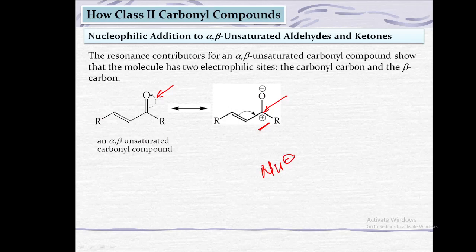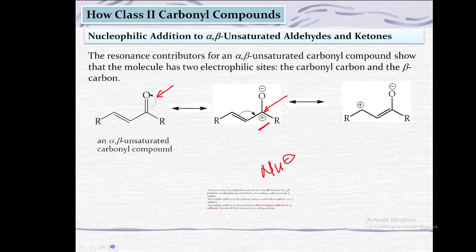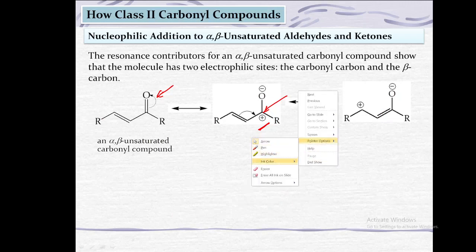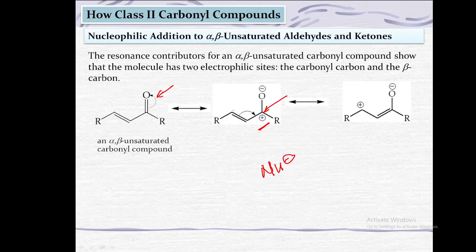Now, the new thing about this kind of compounds, if you look at the other resonance bit of it, is that the carbonyl carbon being electron deficient, and noting that the pi bond is electron rich, it's possible for the pi electrons to be drawn towards the carbon so that we have a double bond there.